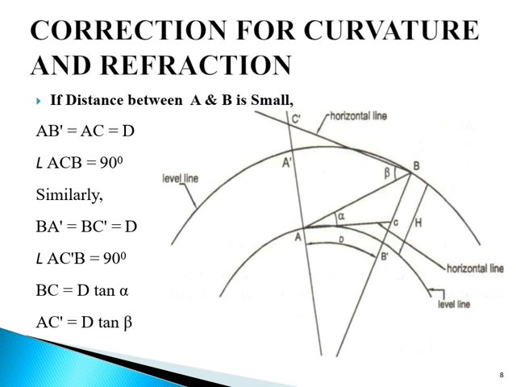So we get the value of BC is equal to D tan alpha, and AC dash is equal to D tan beta according to the equation and this arrangement. The horizontal line and level line are all shown here, which are required for the correction.